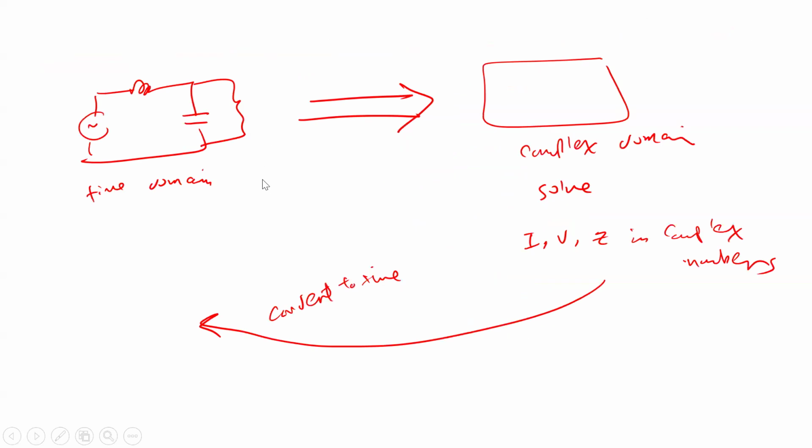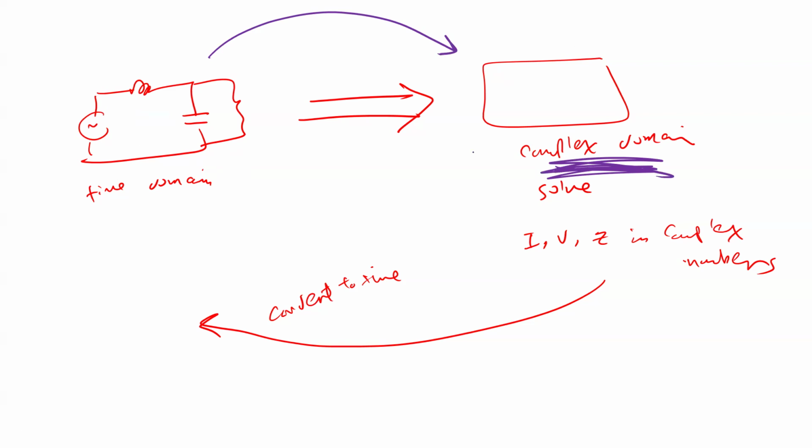But the bad news is, here is exactly what we will do in this chapter. We have a circuit in the time domain. In order to analyze the circuit, I will teach you how we can convert this circuit into what we call the complex domain.